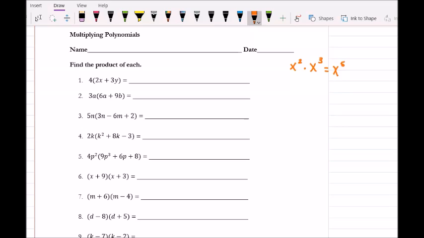Don't multiply the exponents. And then if you were adding something like, let's say, 2a to the fourth plus 3a to the fourth, you would need to have the same base to the same power. So this would be 5a to the fourth.